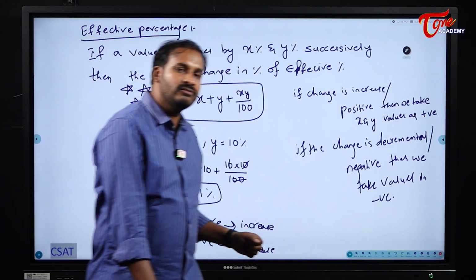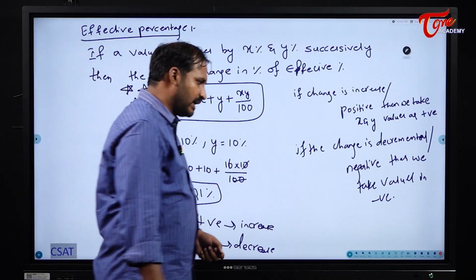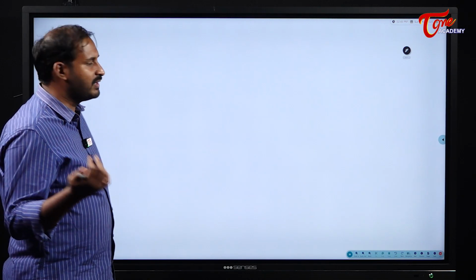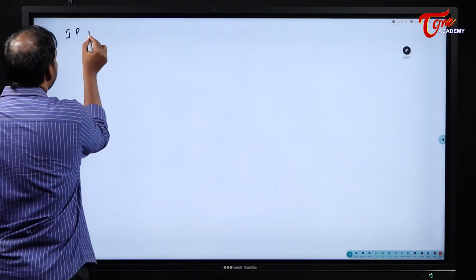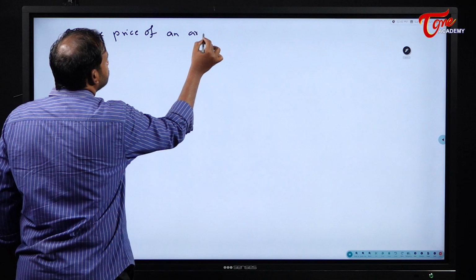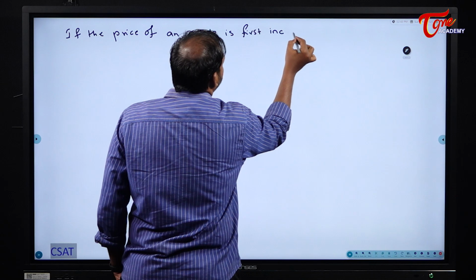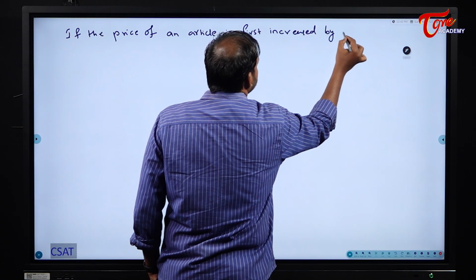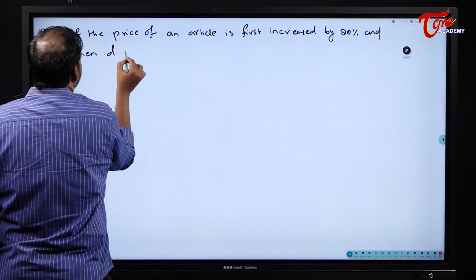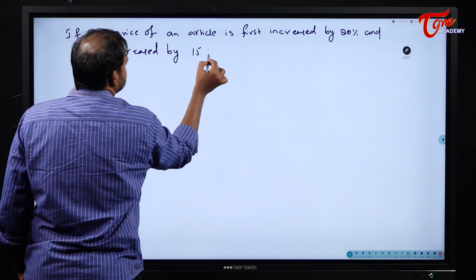Okay, good sir. If the value is increased by 10% and 10%, then we can do it. For example, if once the value is increased and then the value is decreased, what will happen? See here, if the price of an article is first increased by 20% and then decreased by 15%.